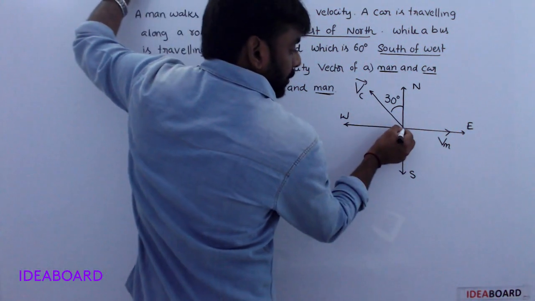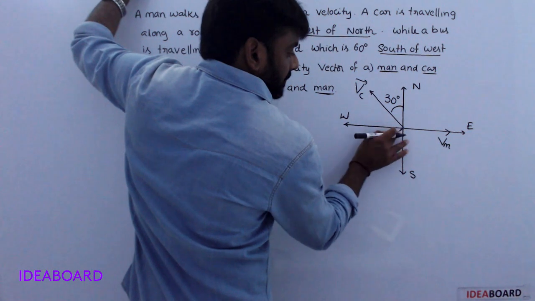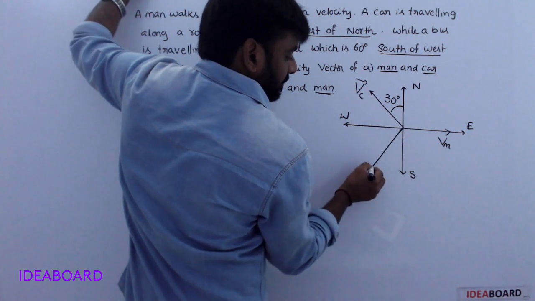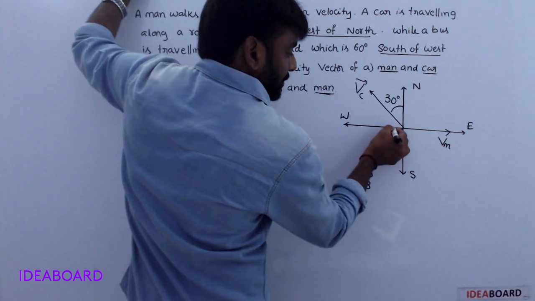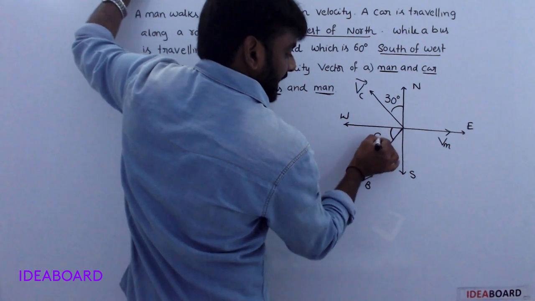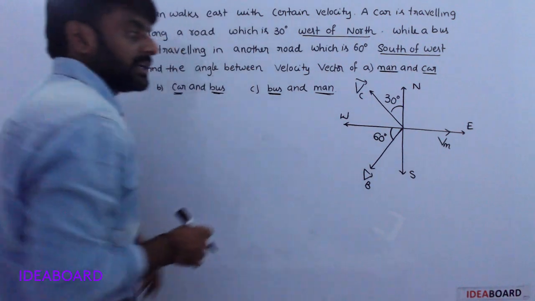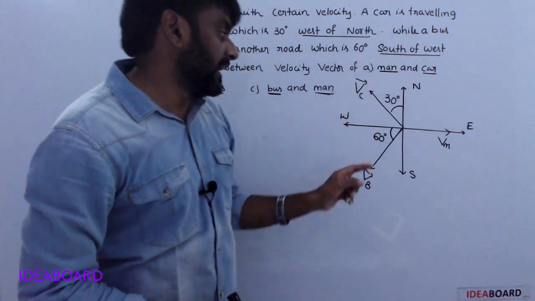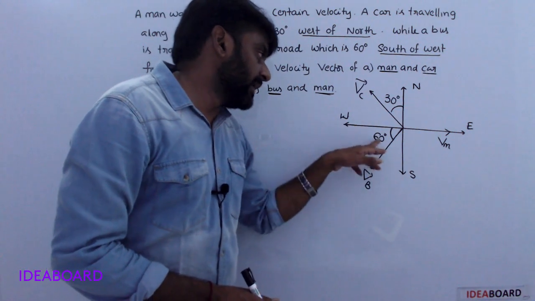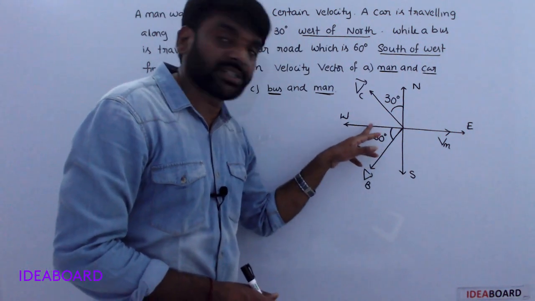Okay. South of west. This one. Velocity of bus south of west means this angle is 60 degrees. Understood? Okay. South of west means in southwest it makes an angle 60 degrees with west.